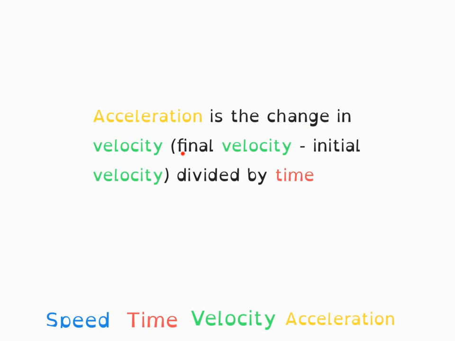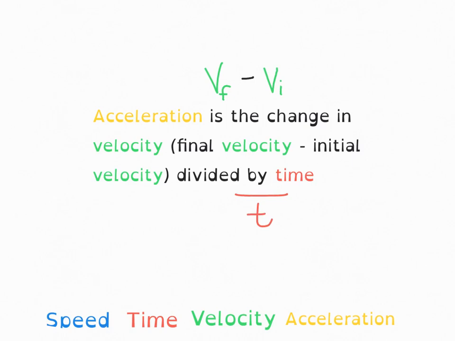Technically, this means our final velocity, or where we end, also written as velocity with a little f next to it for final, minus our initial velocity, or where we started. And then we take that whole thing divided by time.